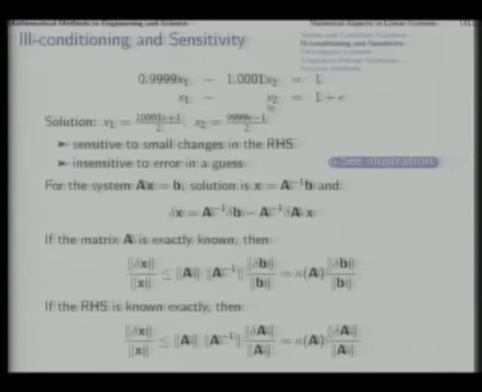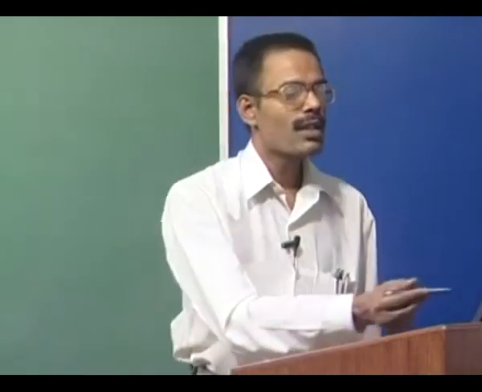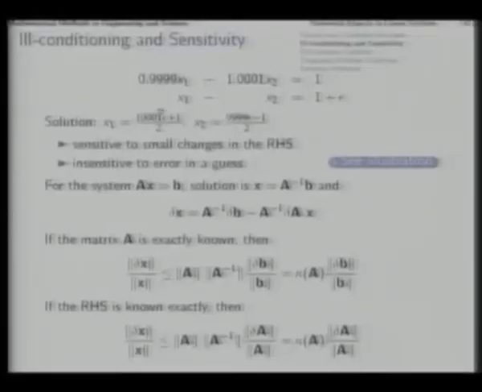Then 1 0, 1 minus 0 is 1, exactly right. That means if you had tried to use 1 0 as the possible solution as a guess, these equations will tell you that your guess is almost right.